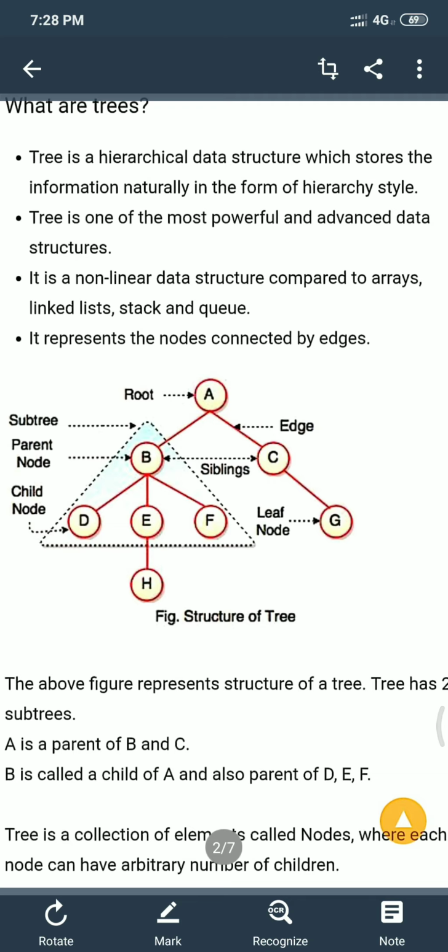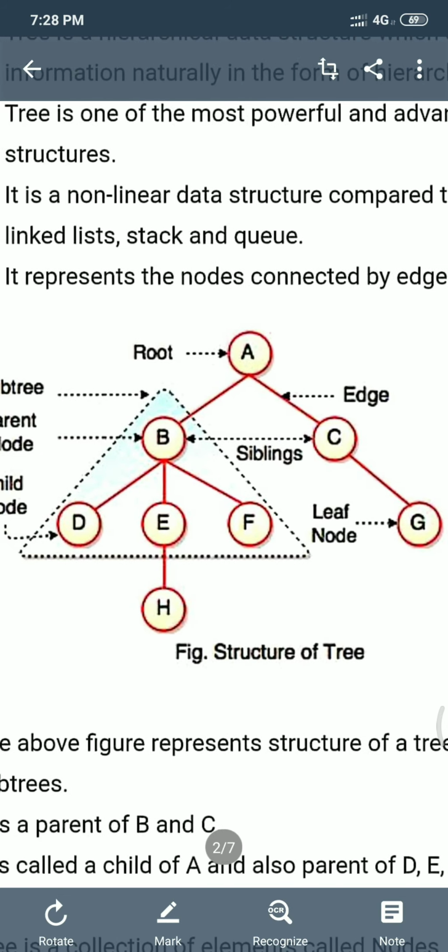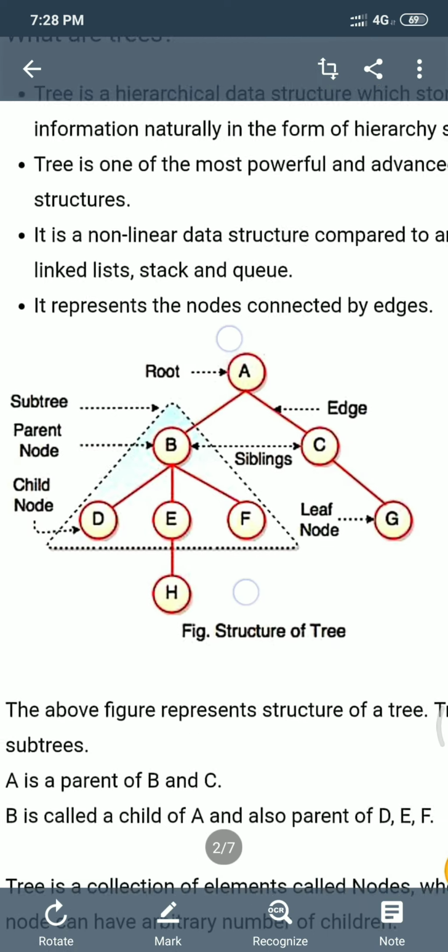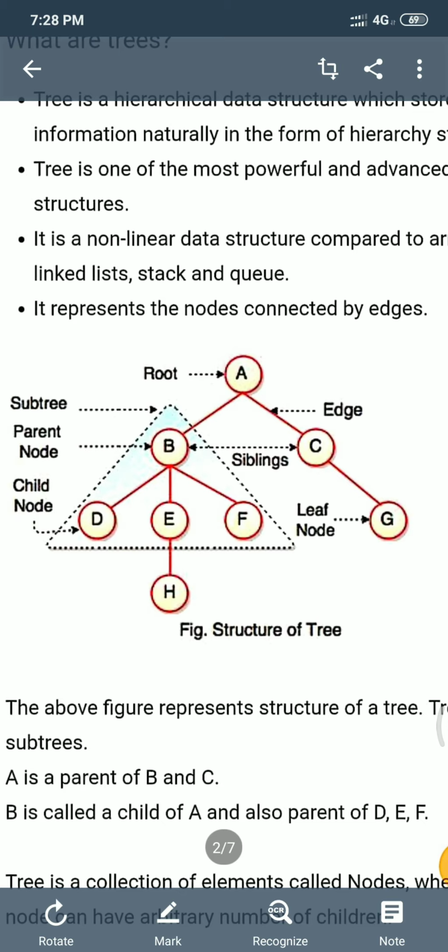In this given tree, A is the root node, and you could see a triangle formed here from the nodes B, D, E, F, which we call a subtree.